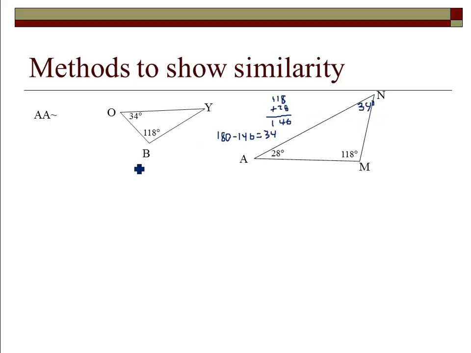Angle N is congruent to angle O. Angle M is congruent to angle B. So now I've got my angle-angle similarity, and we're ready to match up our pieces.